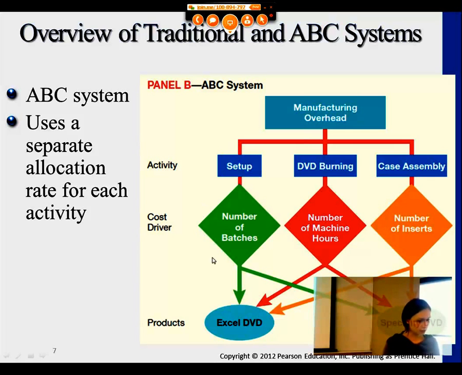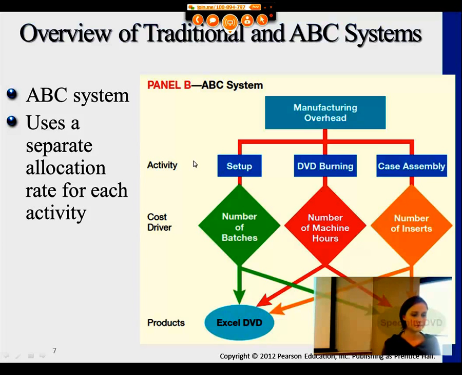So do you see how for setup it's a number of batches, but for DVD burning it's a number of machine hours, because when I'm burning a DVD, I want to see what is the cost that I incur while that machine is working and burning those DVDs. Yeah, it's a different cost driver. Okay, so that's why I'm going to be using my separate allocation rate for each activity.